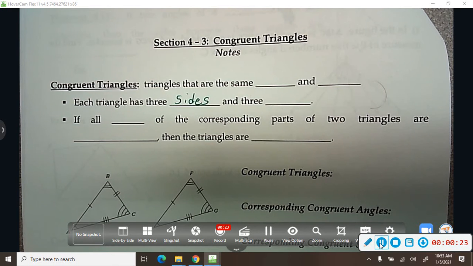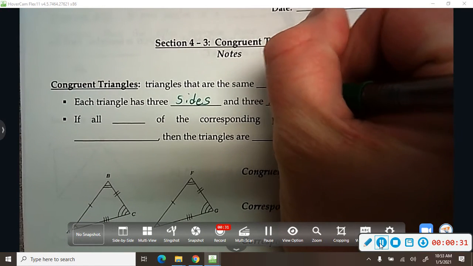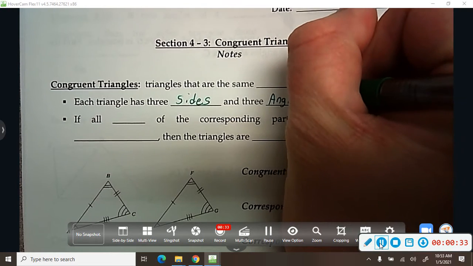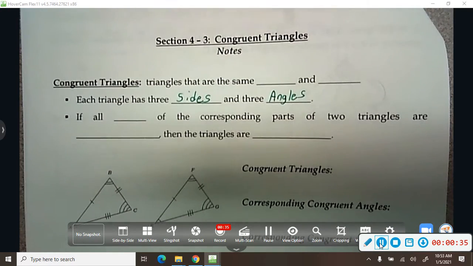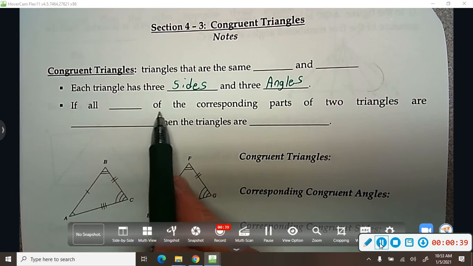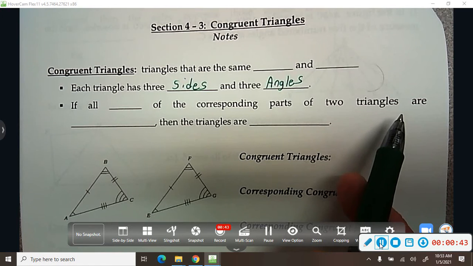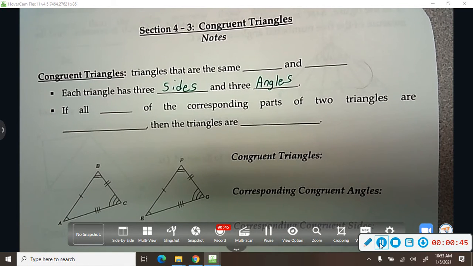So a triangle has three sides, 1, 2, 3, and also has three angles. Now, if all three of the corresponding parts of two triangles are congruent, then the triangles are congruent.